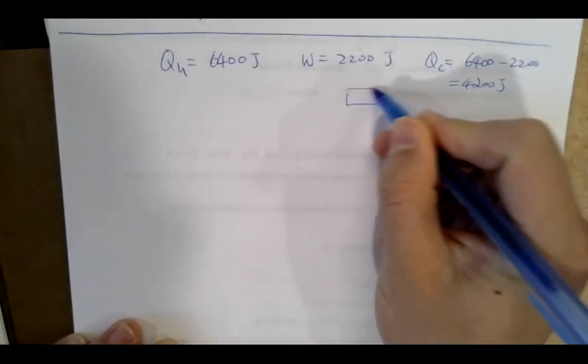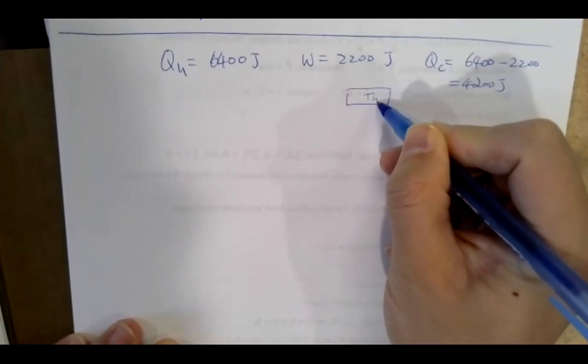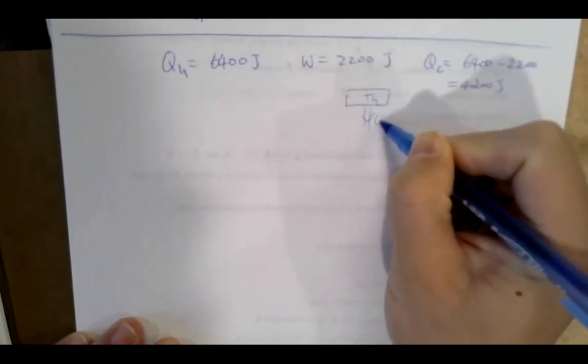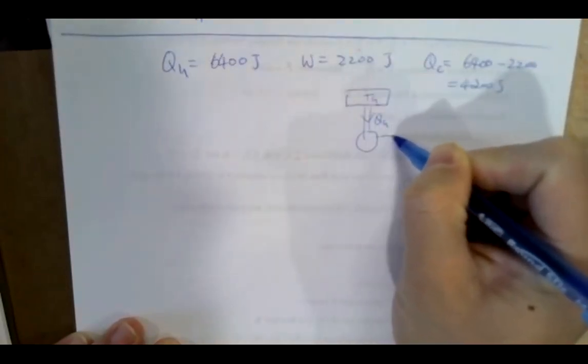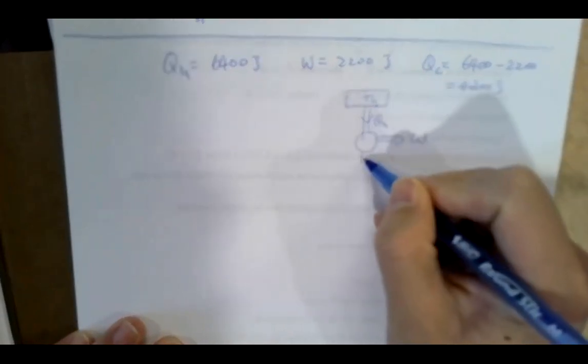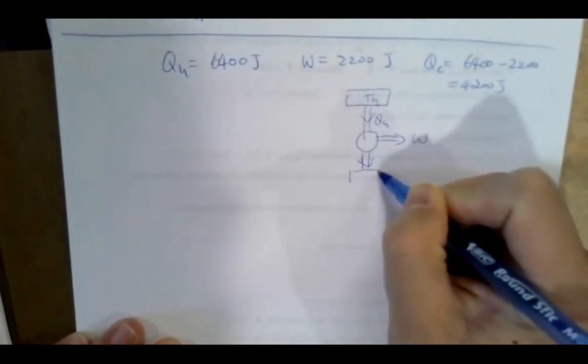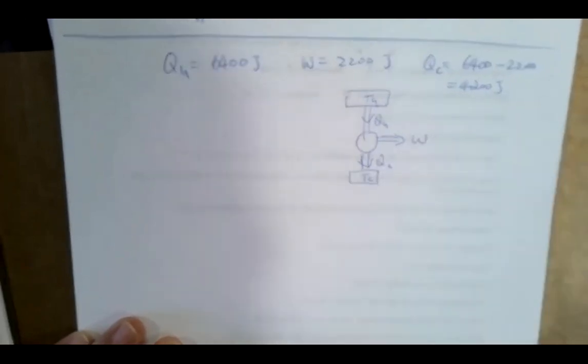Then for QC, you can calculate it: 6,400 minus 2,200 is 4,200 joules. Now we are looking for the entropy change of this process. There's this hot reservoir TH that gives out QH, and then this engine does an amount of work and dumps QC to TC.